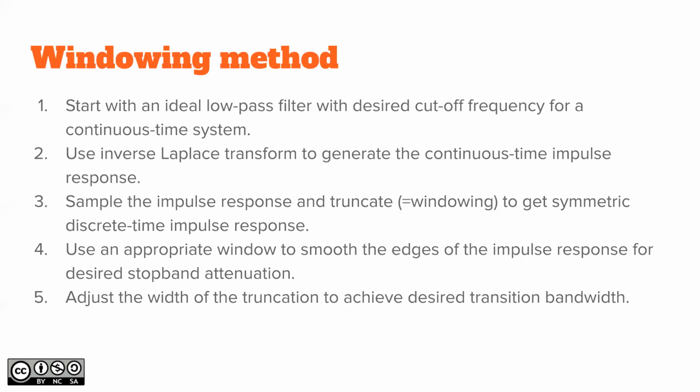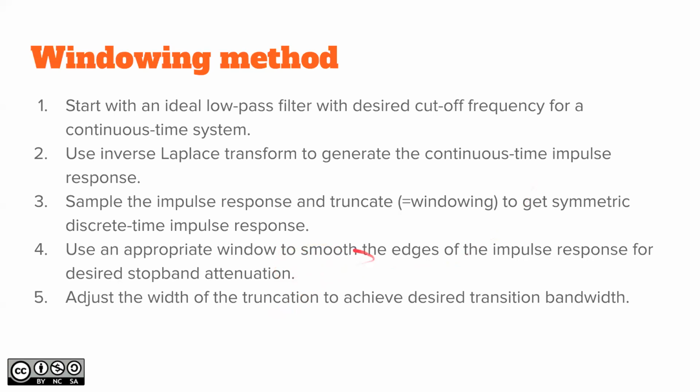But anyways, step 4, use an appropriate window. I'll go through this in more detail later. To smooth the edges. The problem of watching the data through the window was that in spectral space you get these winglets for the spectral peaks.